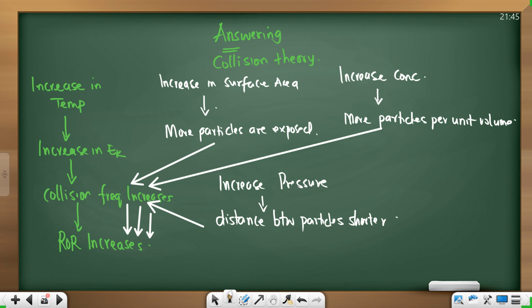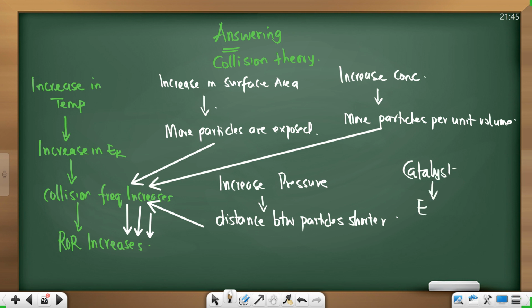All right. Catalyst, we spoke about. What will happen in terms of catalyst? Activation energy is lowered, collision frequency increases, and rate of reaction increases. All right, guys, I hope this makes sense. So this is using your collision theory to explain.